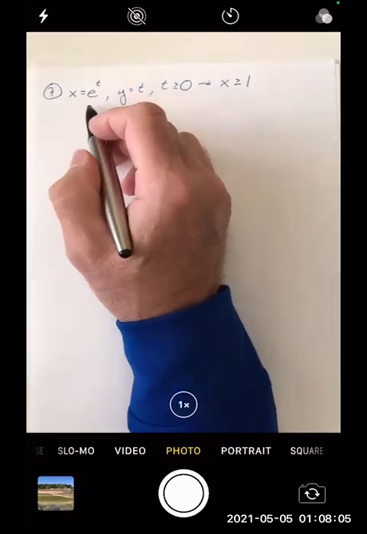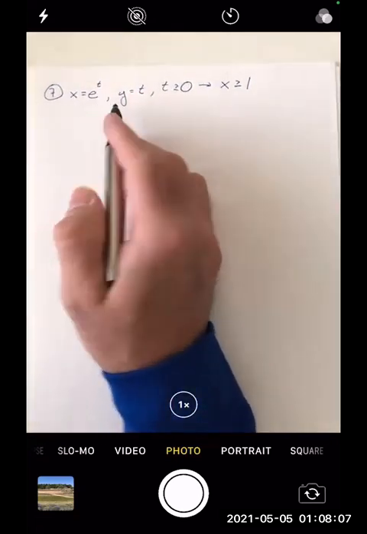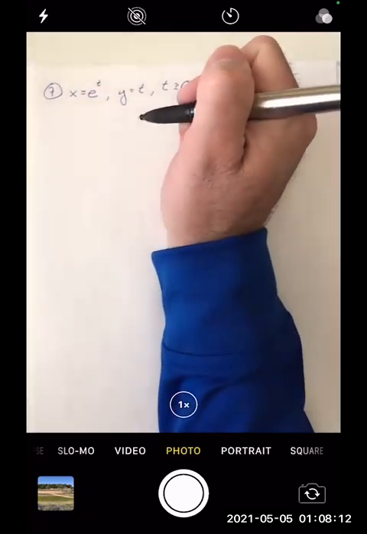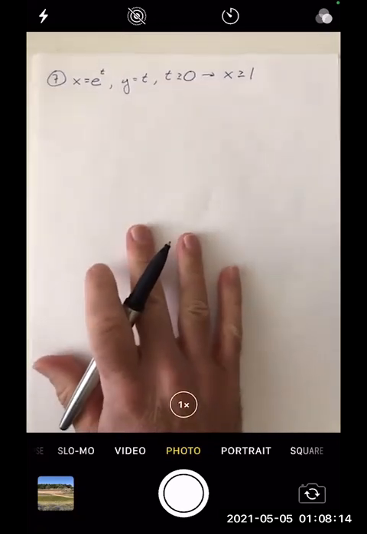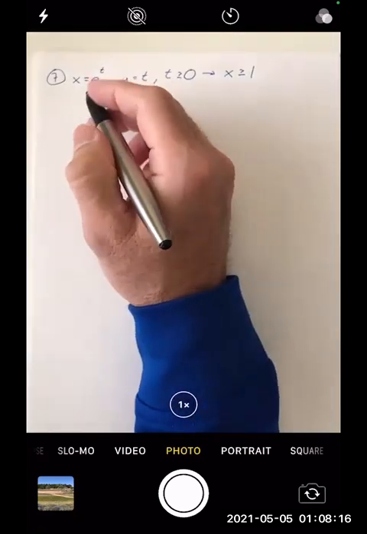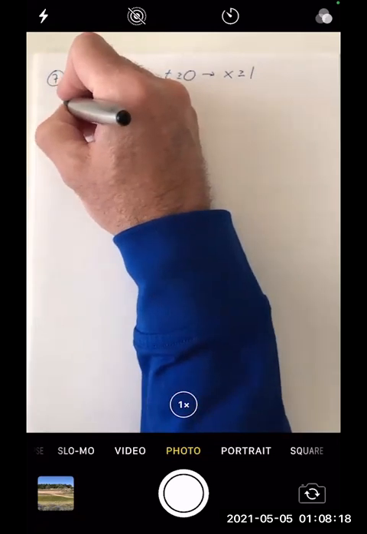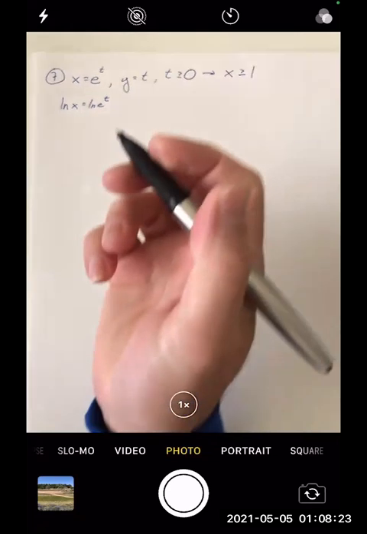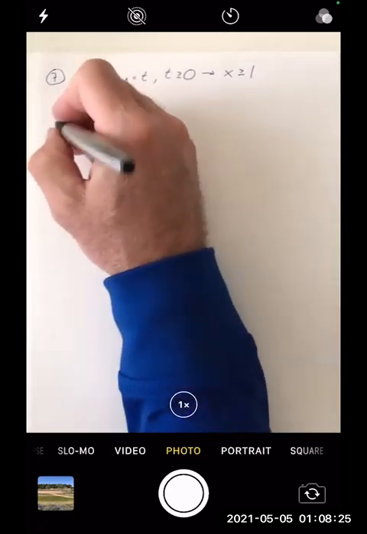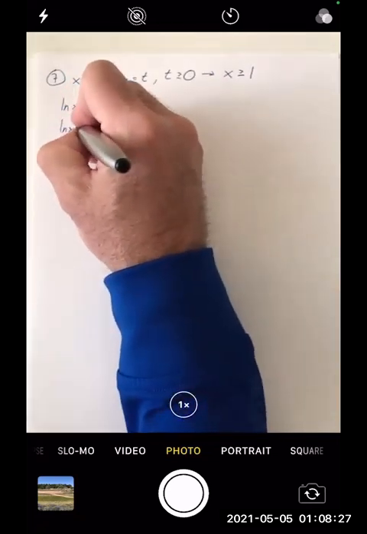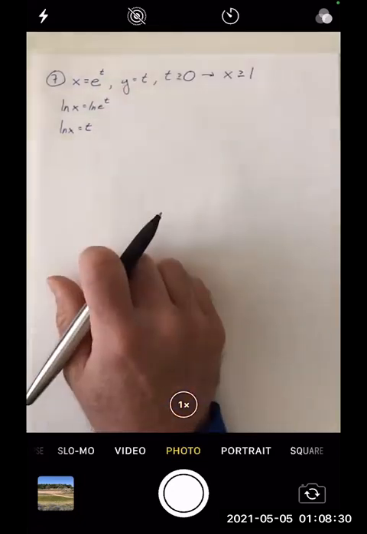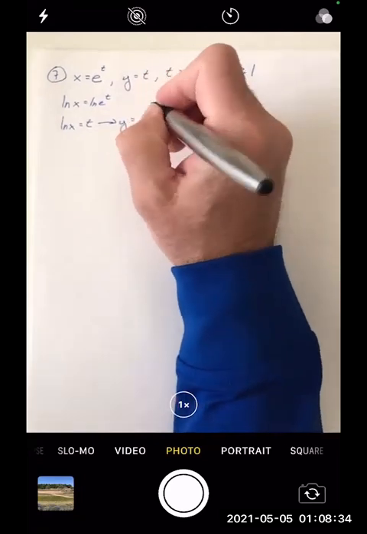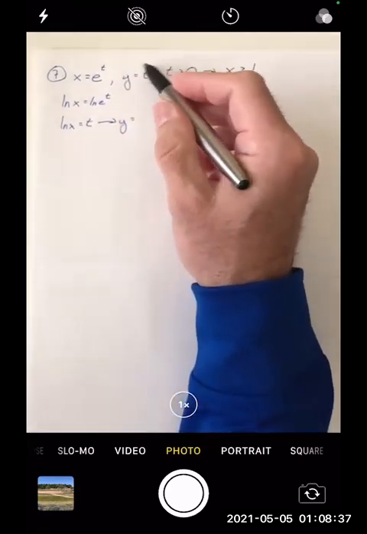All right, so if we take this equation and solve for t, what gets rid of an e? ln. So ln both sides, and it would look like that, and then the ln and the e cancel out. There's your t. So you can plug that in for the t in the y equation.